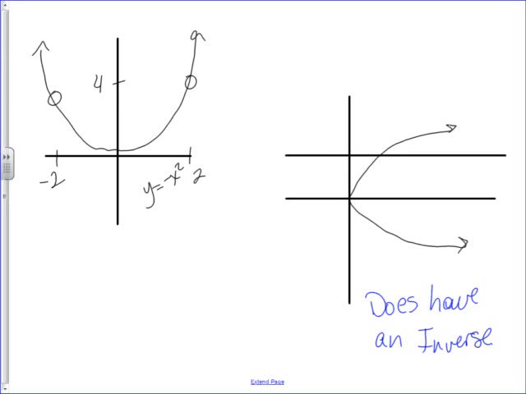All right? So, like I said, your inverse gives you a way to work backwards. The way I describe it is it's undoing what you did to x in the first place. So we're trying to get back to x. It is undoing what you did to x. All right?